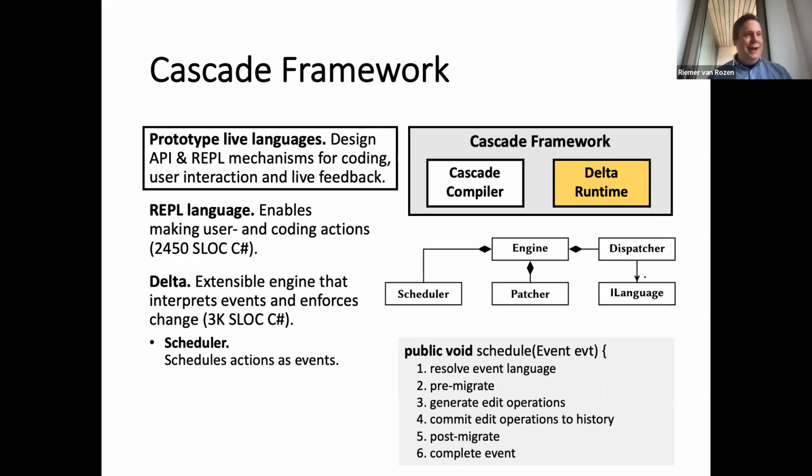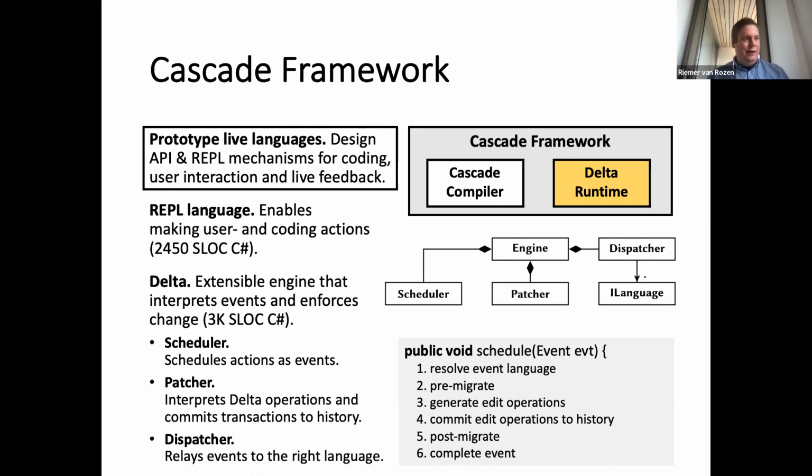So this means that given a Cascade specification, you can get resulting sequences of events and output that you can understand locally, but it has a global result that sometimes is surprising. And I will show you an example. So the patcher is another component that interprets the operations and commits transactions to history. And the dispatcher just relays the events to the right language.